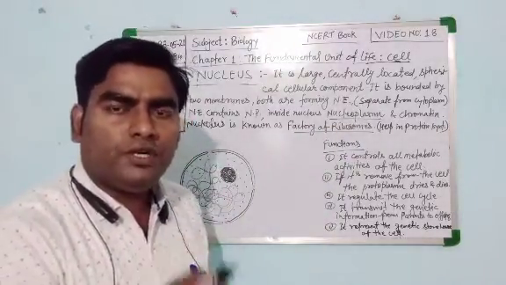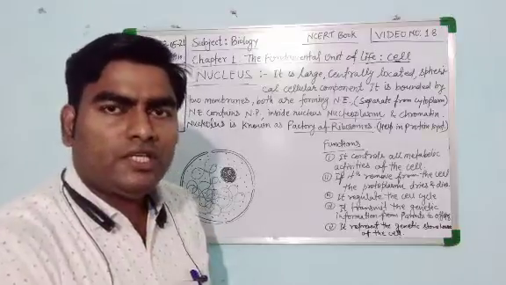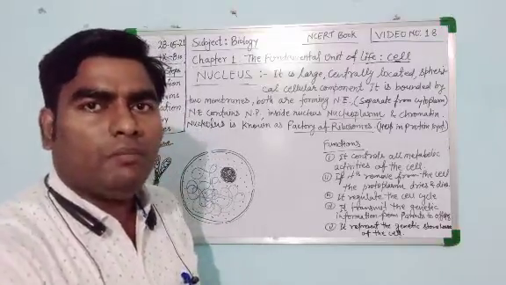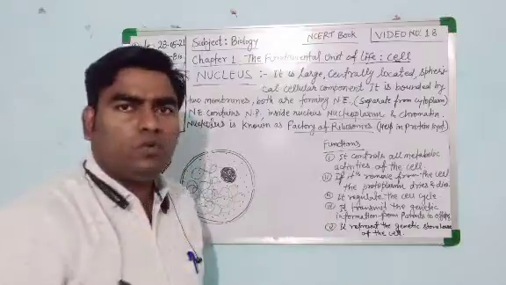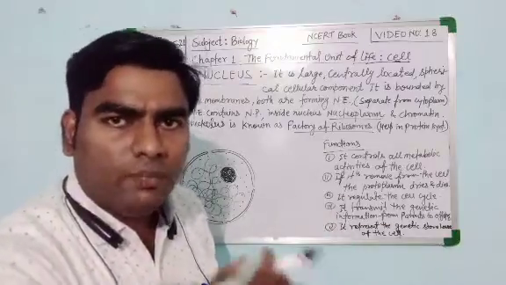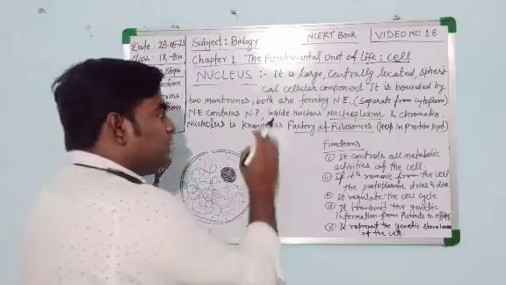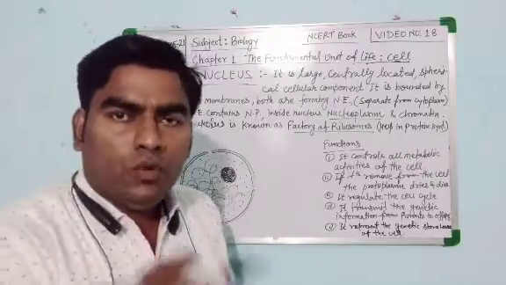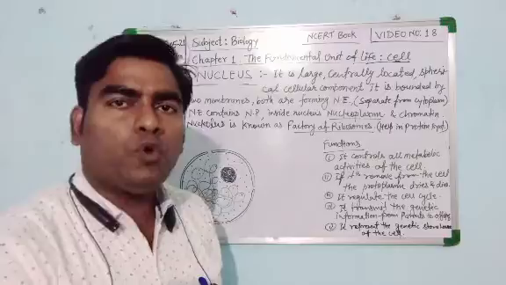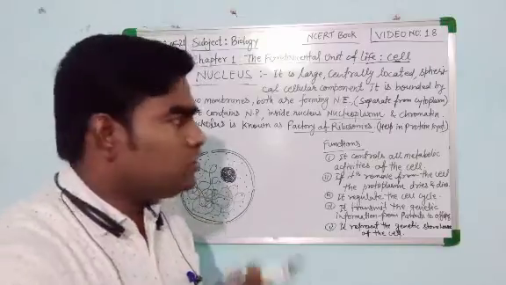Nucleoplasm is the fluid present inside the nuclear membrane, and the fluid outside the nuclear membrane but inside the plasma membrane is cytoplasm. So inside the nucleus, nucleoplasm as well as chromatin material is located.